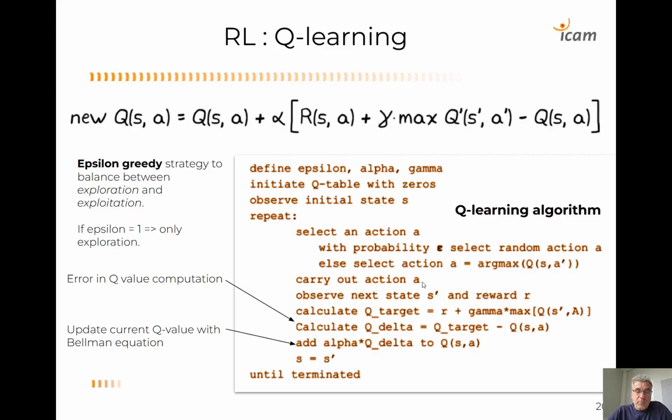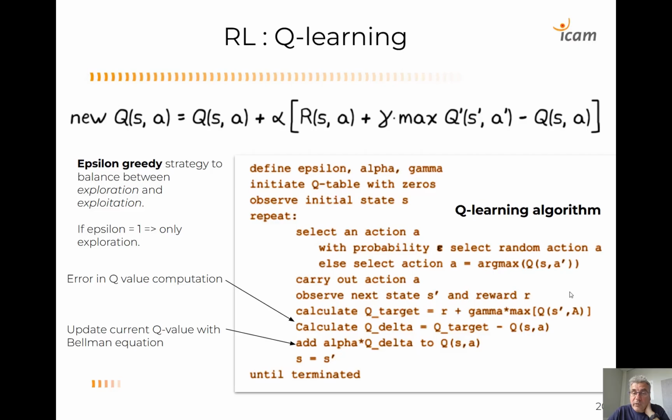So we perform the action A. We carry out this action A. Doing this, it will change the state. We will now be in the state S prime. From state S, performing the action A, we will be in state S prime and receive a reward of R. So now we have all the information to update the Q value. We first compute this here.